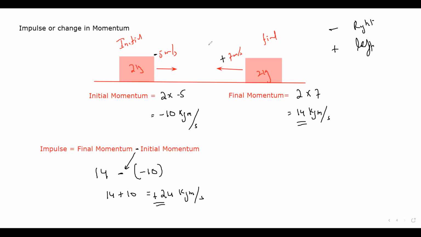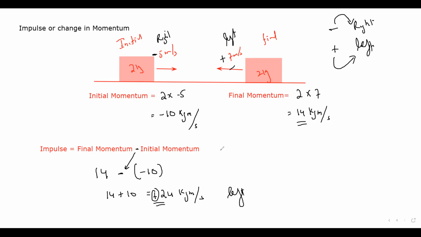In this example, I took positive as left and negative as right, and I'm getting my final answer as positive. So which direction? It means it is towards left. So it depends on which direction you consider according to the question.